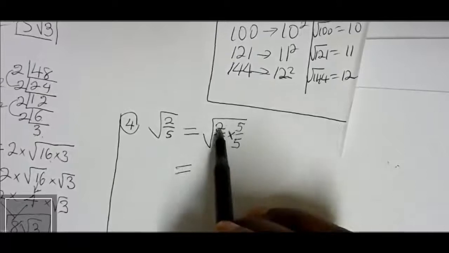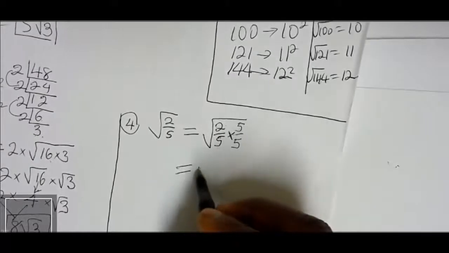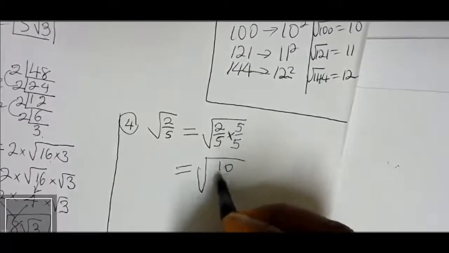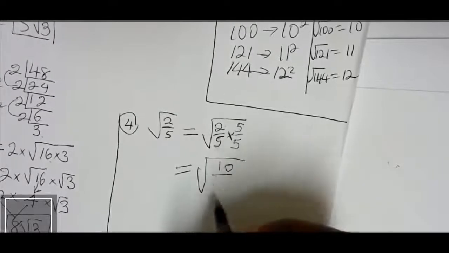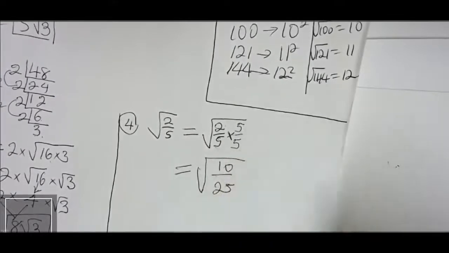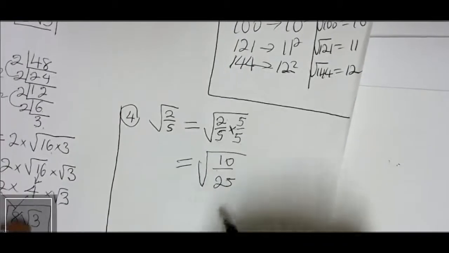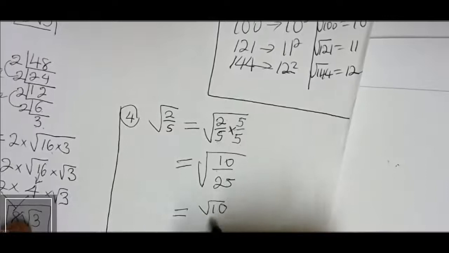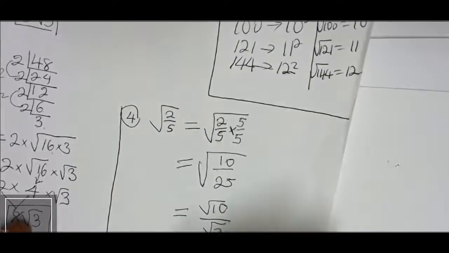So now we multiply 2 times 5 is 10, still put the radical sign, over 5 times 5 is 25. Okay, so now we can separate the numerator from the denominator. So we do square root of 10 over square root of 25.